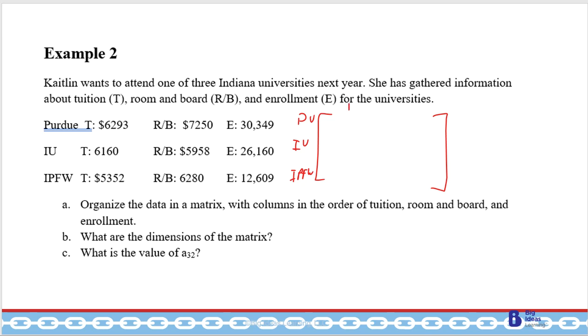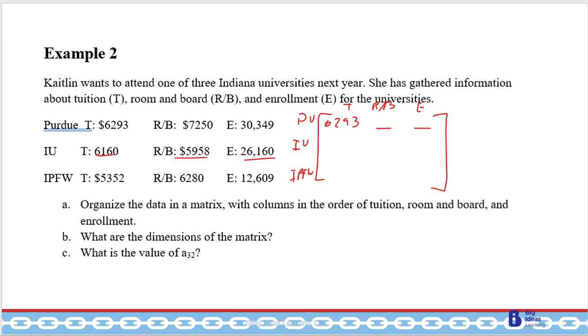We'd put our tuition, room and board, and enrollment on the outside of the matrix. And then we would copy in all of the values, right? The 7250, the enrollment, right? And then we would just go through and bring this data in without any sort of label.